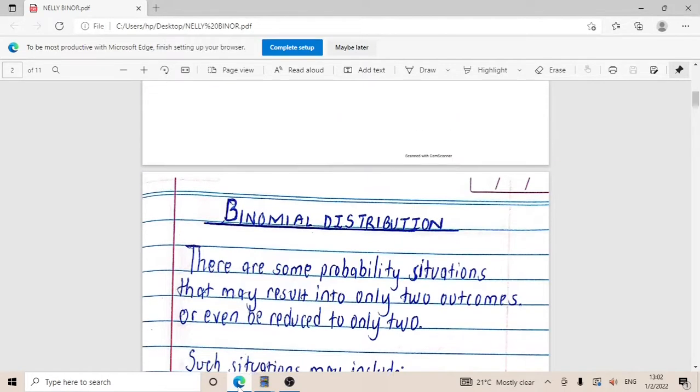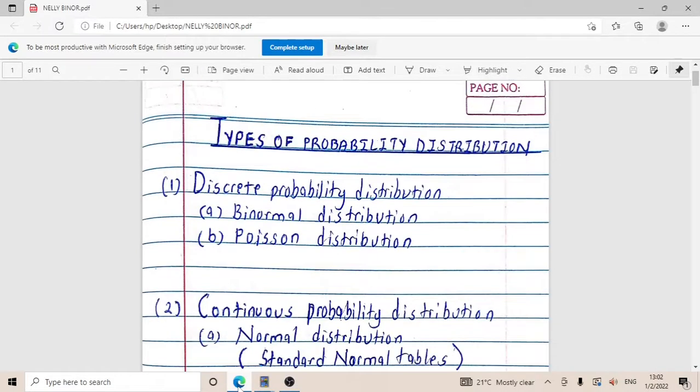So before I introduce binomial distribution, remember we are looking at probability distribution, and we have reached the area where we are looking at the types of probability distribution: the discrete probability distribution and the continuous probability distribution. Under the discrete probability distribution, that's where we find the binomial distribution and also the Poisson distribution.